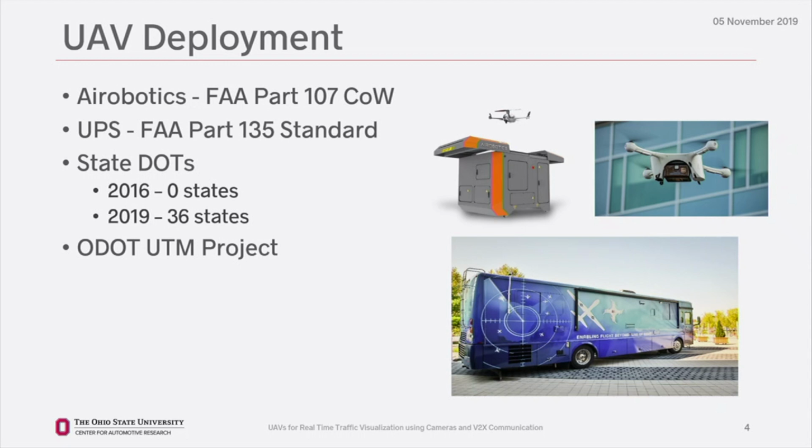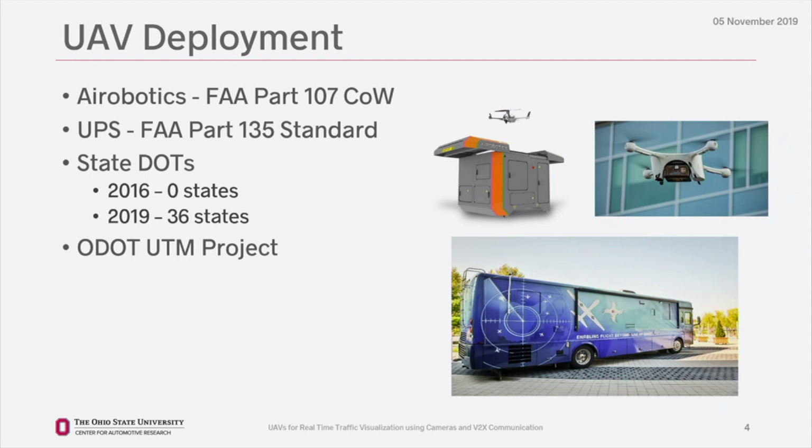Ohio is one of them, and we're working with ODOT on their UTM project, the Unmanned Aerial Traffic Management project, where they're building out active and passive radars to be able to monitor, track, and make sure that drones don't run into each other, so that companies like Amazon or Uber can implement their own drones along high-capacity corridors in Ohio.